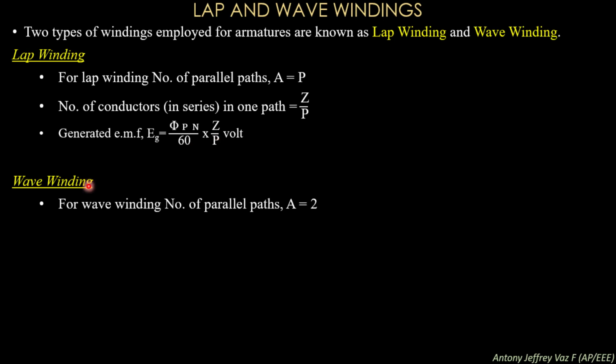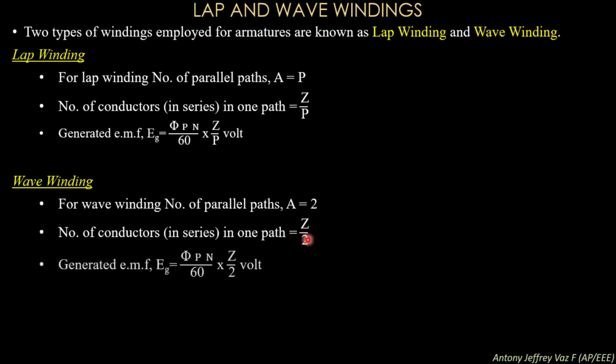For wave winding, the number of parallel paths A is equal to 2. So this is the difference between lap winding and wave winding. For lap winding A is equal to P, whereas for wave winding A is equal to 2. The number of conductors in one path is equal to Z divided by 2 for wave winding.